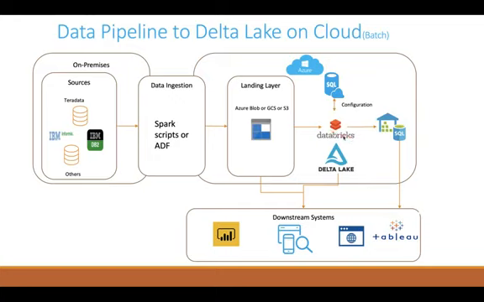Once all those transformations are applied, the final processed, curated data will be written back to the Delta Lake. That is nothing but we will write the data in the format of delta to the delta table on the new storage bucket or on the new container.